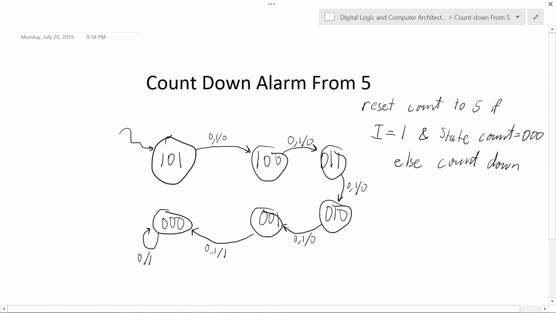And since here we are in state 0, 0, 0, if we take an input of 1 here, then we're going to output a 0, and we reset to state 1, 0, 1.